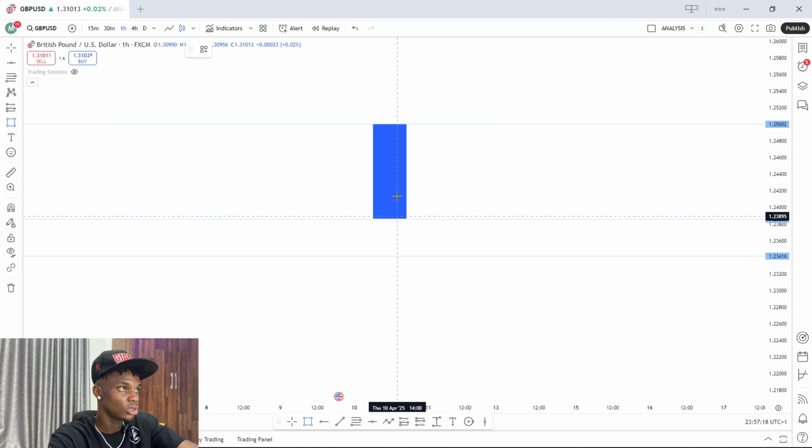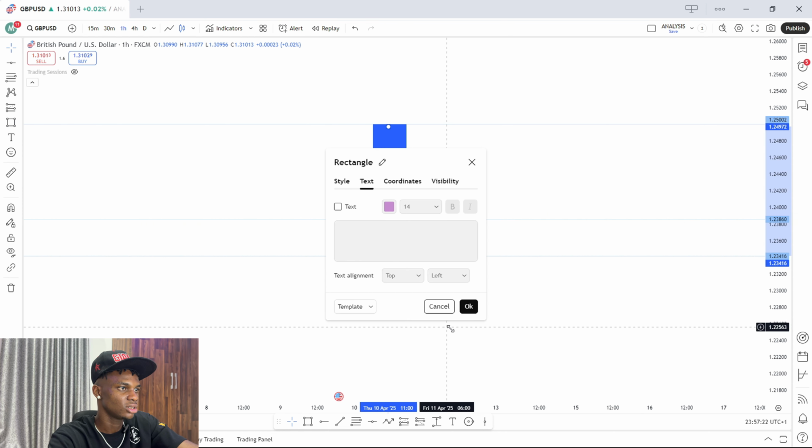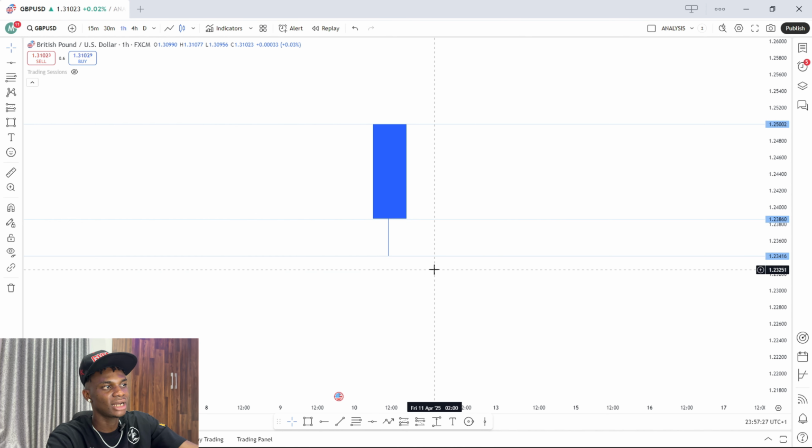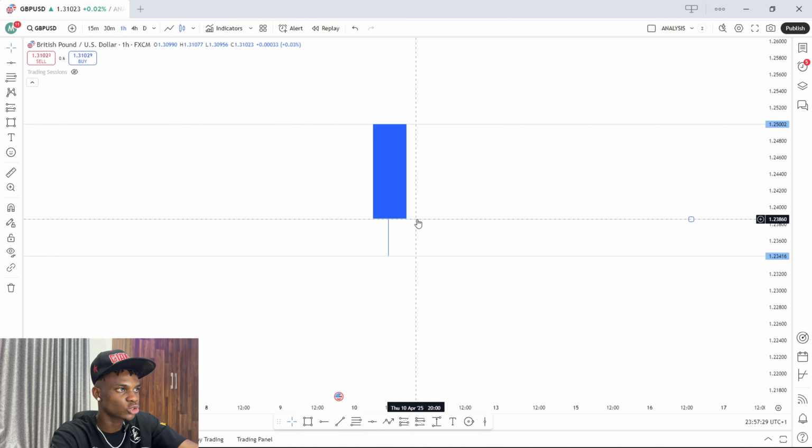Let me show you what I mean. This is how it's going to be represented in the markets, meaning that the price at some point in time went to this value, then rejected from there and closed at this point.